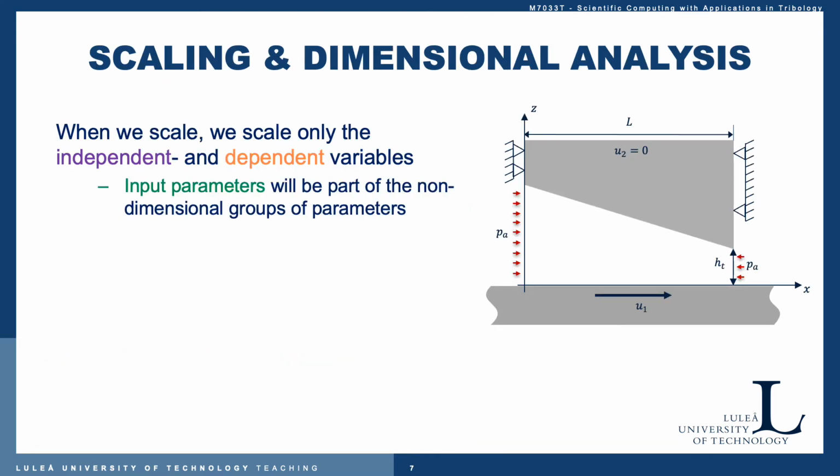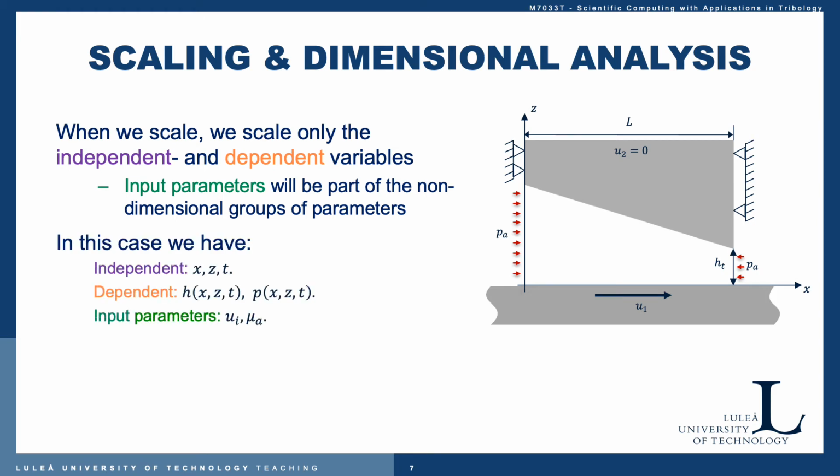And we remember that when we scale, only the independent and dependent variables and the input parameters will be part of the non-dimensional groups of parameters appearing in the dimensionless forms of the equations.